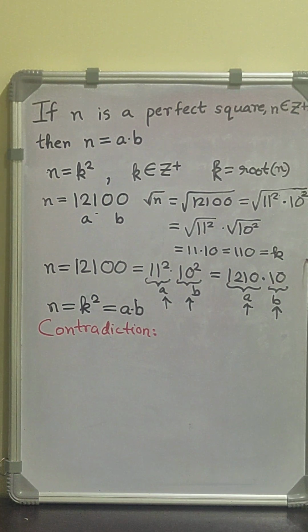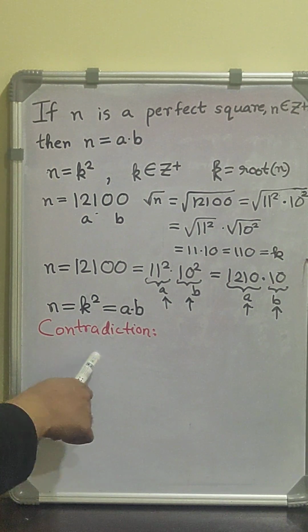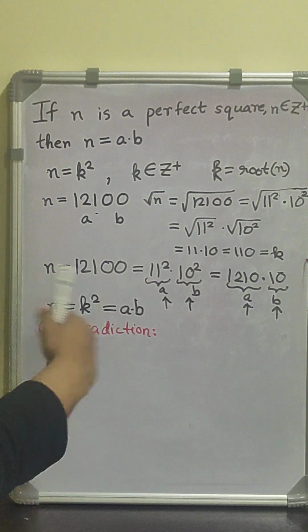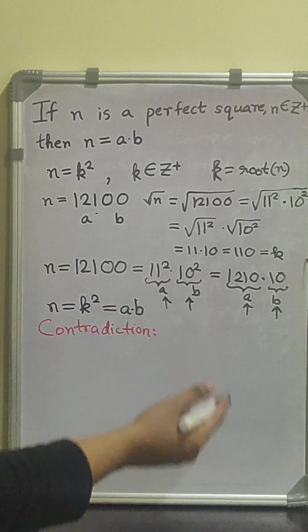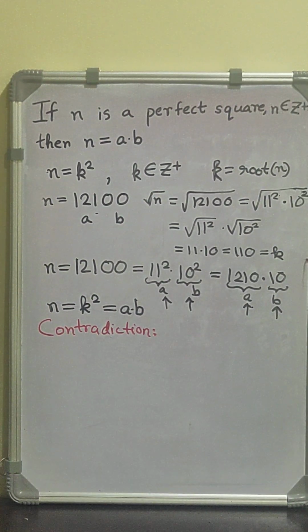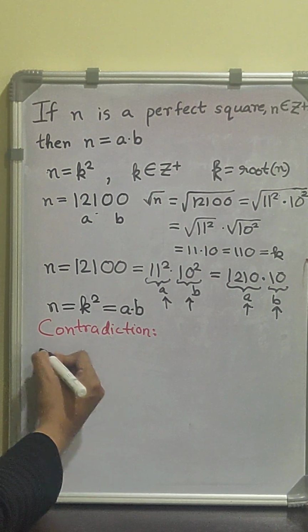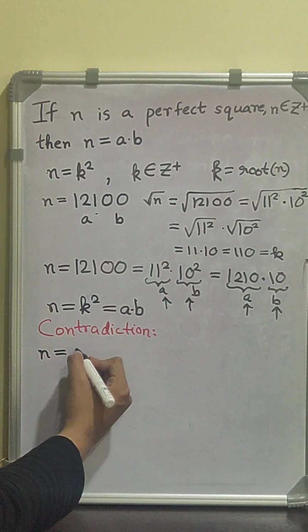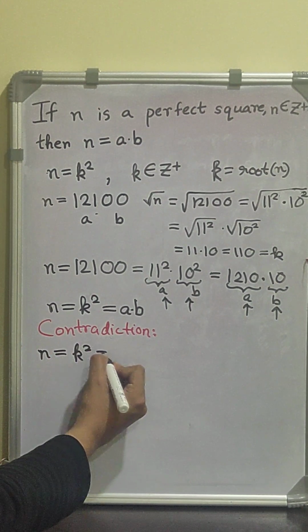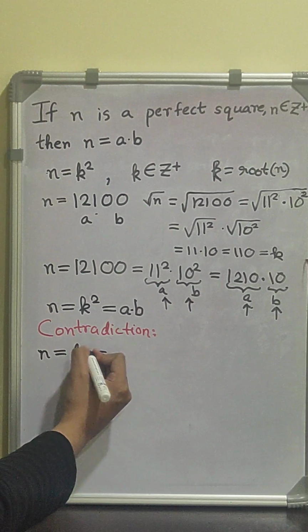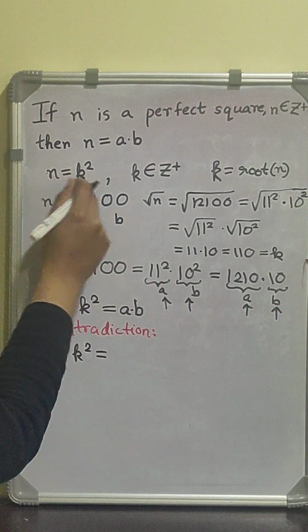Now, in contradiction, we assume something and then we work out a few steps and we prove that our assumption was wrong for some reason. And that's a contradiction. So in this case, our assumption will be, this is not the assumption for contradiction, this is just the assumption here.